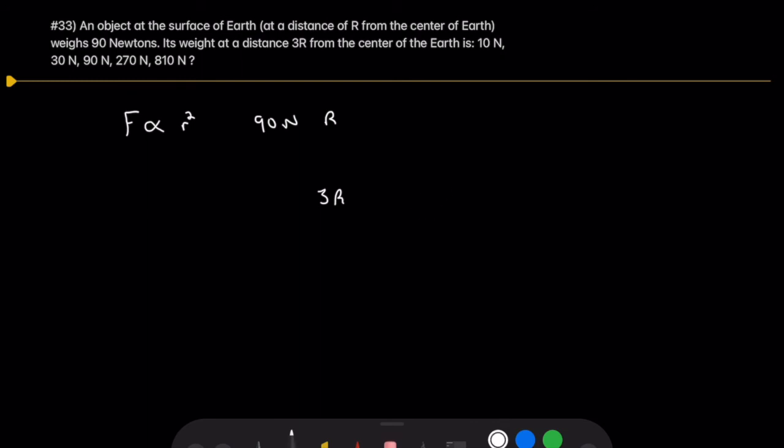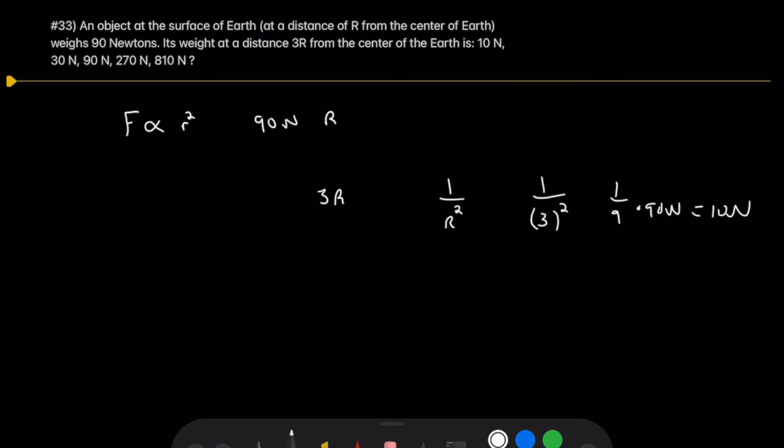Just to be clear, here's the inverse: 90 divided by 1 would just be 90, and then if we're looking at 3r, we plug in those. You would get 1/9, and 1/9 of 90 newtons is 10 newtons.